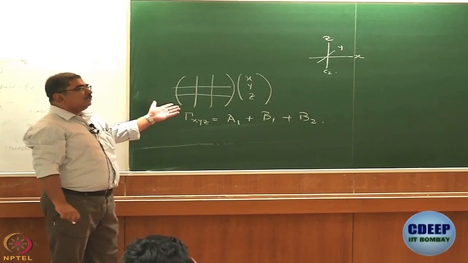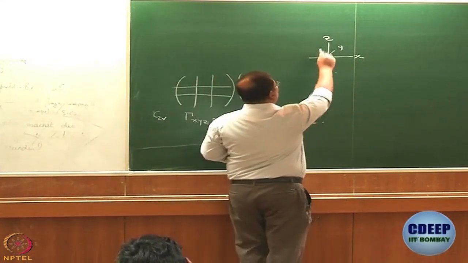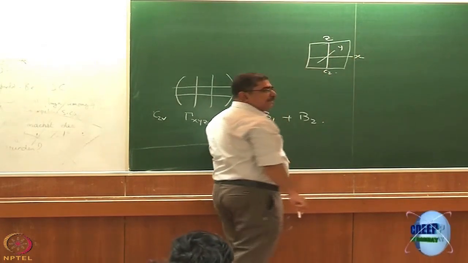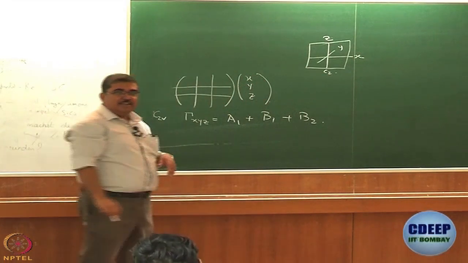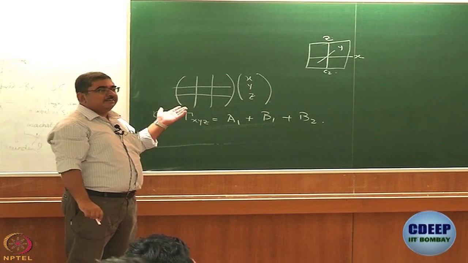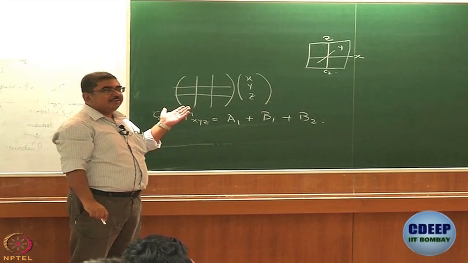Which one will be B1? Which one will be B2? How do I decide 1 or 2? Character of Zx, sigma V if you remember, right? So, which one will have a character of 1 for sigma V Zx, x or y?